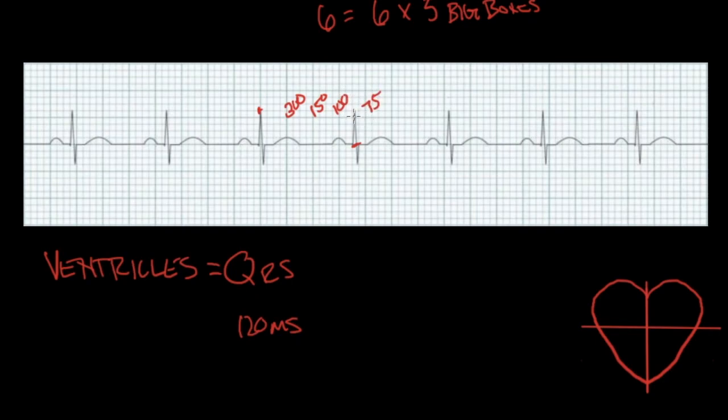This kind of lands somewhere in the middle. We would probably say maybe 80, 90, 95-ish. So it's probably around the 85 beats per minute, give or take. And so we know that's within our normal. It's not bradycardic. It's not tachycardic.